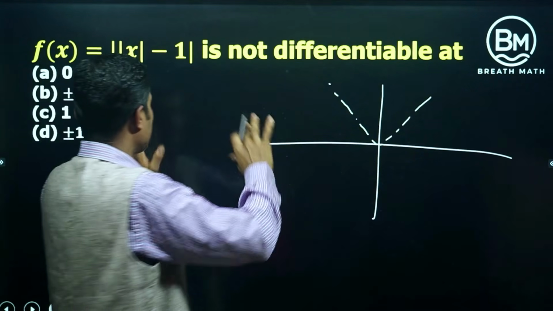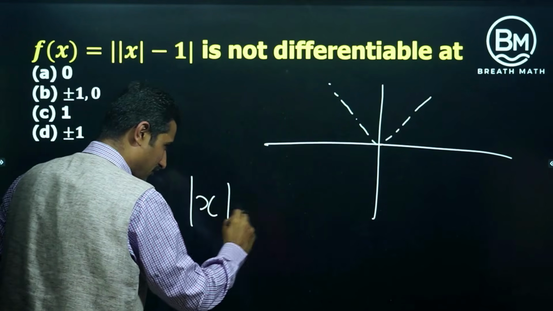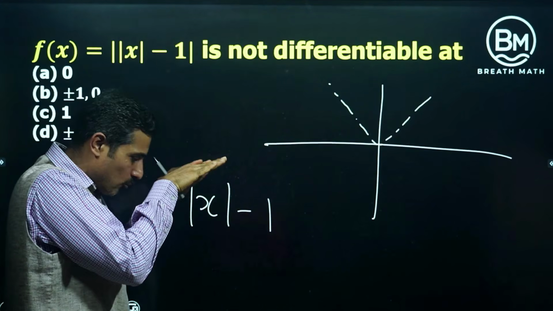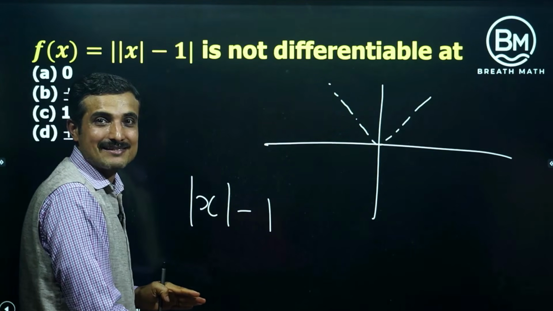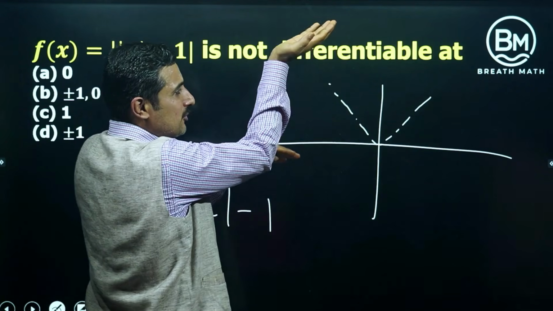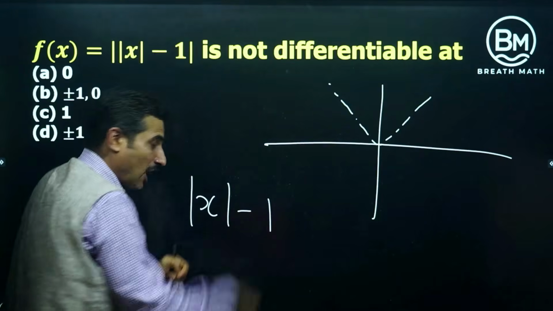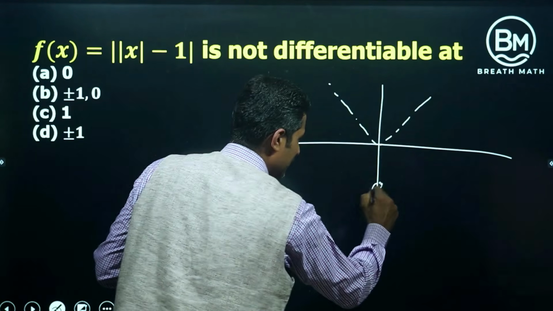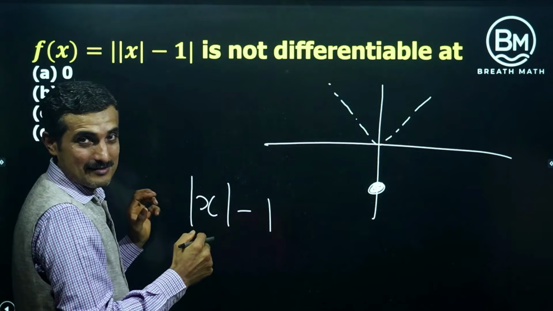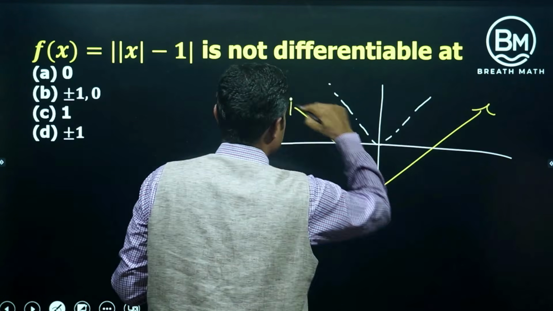When you have a negative sign, -1, outside the modulus function, you have to transform the graph 1 unit below the x-axis. If +1 is there, you need to shift 1 unit in the upward direction. Now you are shifting the graph 1 unit in the downward direction. That shows mod x minus 1, which is sitting inside this modulus. Fine. So mod x minus 1 is this.